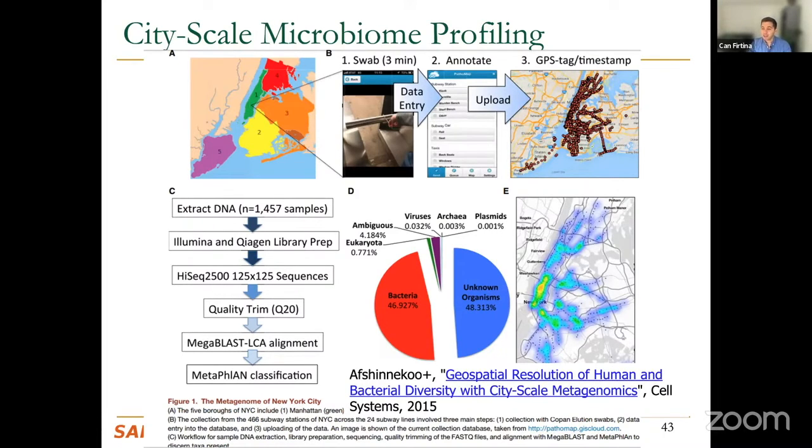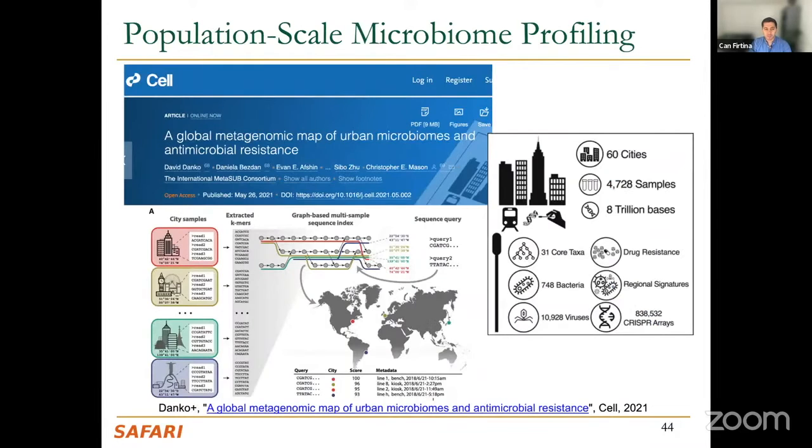This means that we may collect samples from many regions in a city, in this case, for example, New York City, and perhaps you collect samples from a few thousand places. So you actually need to, again, sequence such a large sample and understand whether it contains a harmful organism or not.